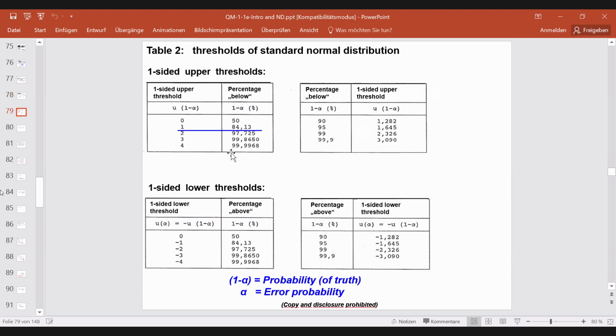For that, we have to go to this table. And if the u is 1 sigma, this is here, 1, we can see the percentage below is 84.13. So this is an upper threshold value, and this is the percentage below. It's 84%.